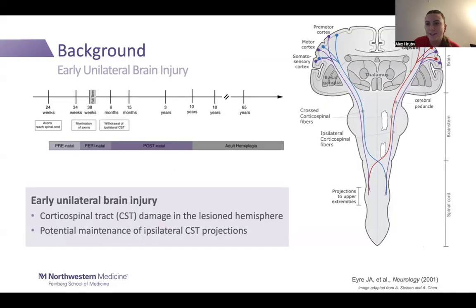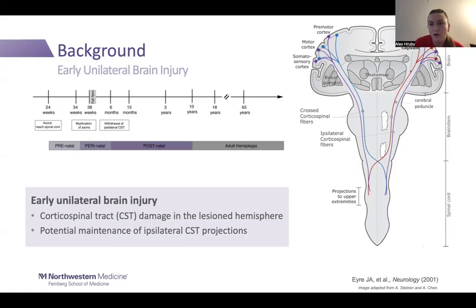And so not to get into the weeds too much, and I'll kind of move myself there. But what happens in development that causes this is based on the motor pathways and how they're pruned in typical development versus how the body tries to compensate when there's an injury.